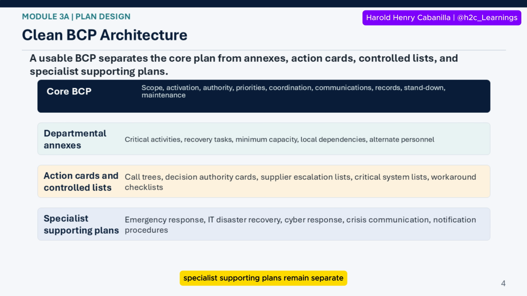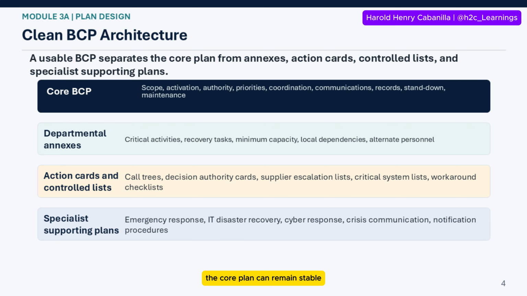Specialist supporting plans remain separate where their technical depth would overload the BCP. This architecture is practical because a BCP becomes weak when everything is forced into one document. A bloated plan is difficult to maintain, harder to approve, and unlikely to be used effectively during disruption. A clean architecture also supports document control.